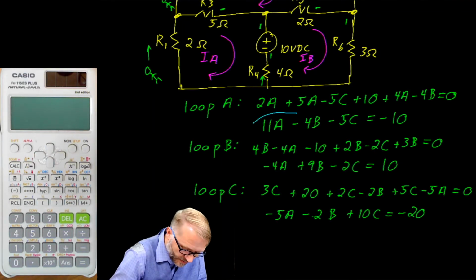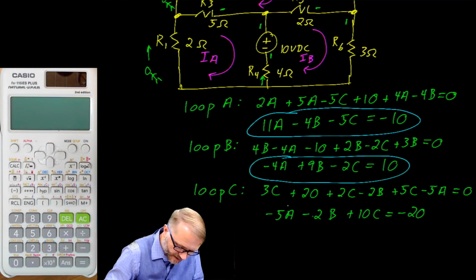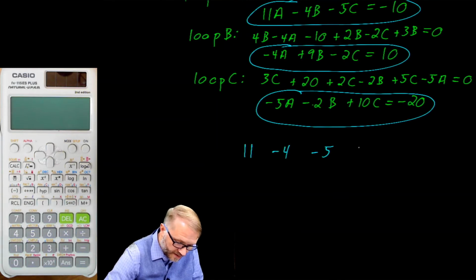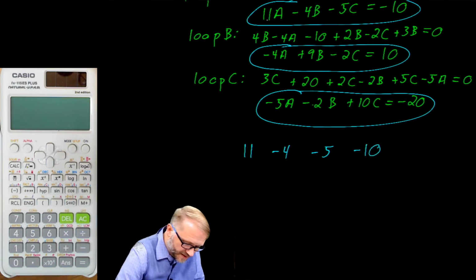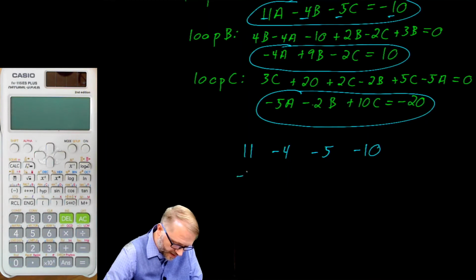We have 3 equations and we have 3 unknowns. We now put it into matrix form. So it's 11, negative 4, negative 5, negative 10. So that's these terms right here. Here's the B loop, so negative 4, 9, negative 2, 10.